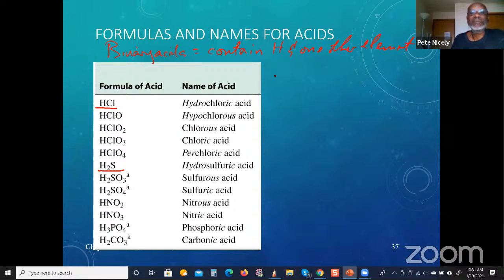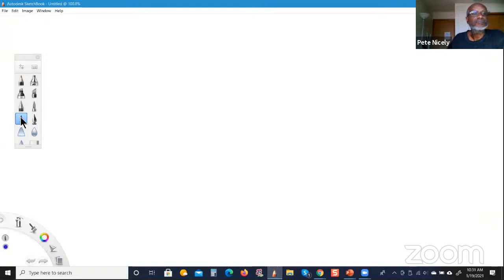Now, when it comes to naming these compounds, you have to be careful. In fact, let me go back to my writing pad here again. So when it comes to binary acids, you have to pay attention to the state symbol, HCl, all right? Now, if HCl is in a gaseous state, this is called hydrogen chloride, all right?